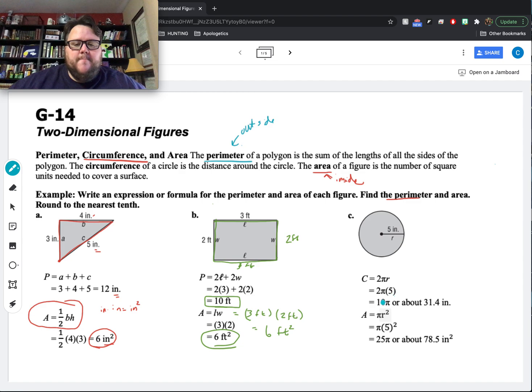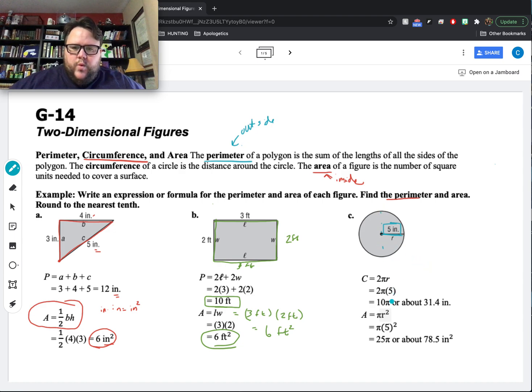So r is 5 inches. My radius is r. It's exactly halfway to the center, whereas my diameter is the full circle, from top to bottom.